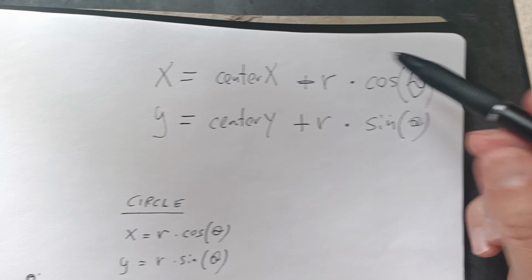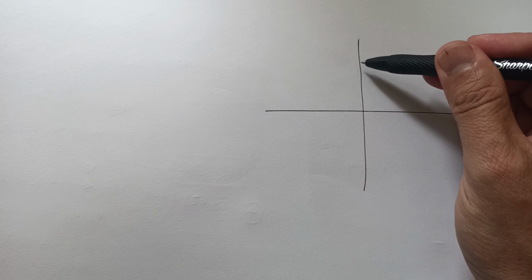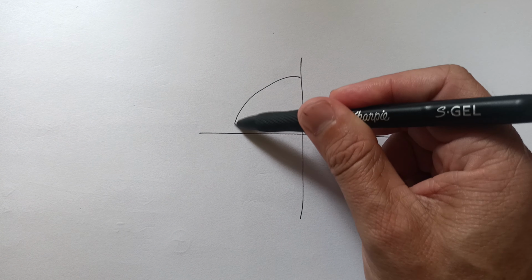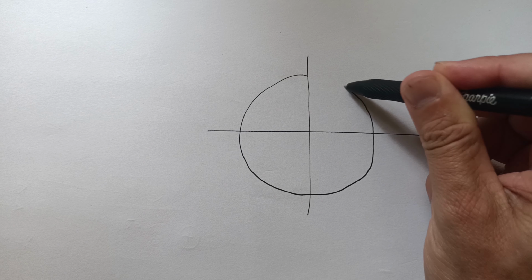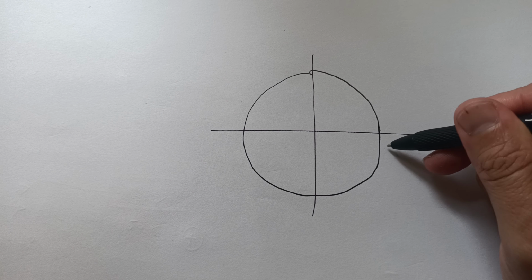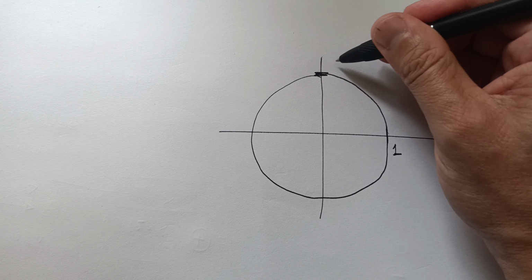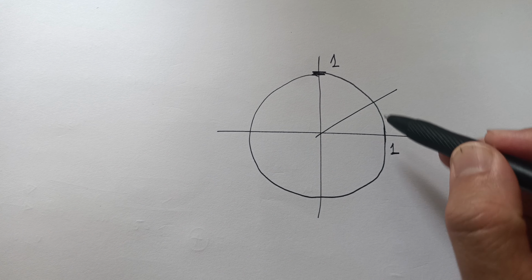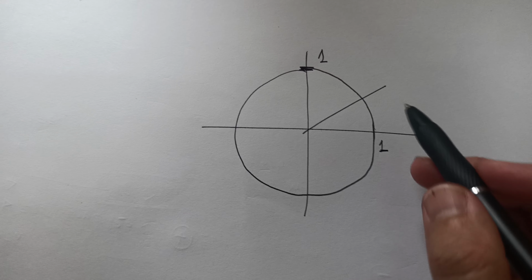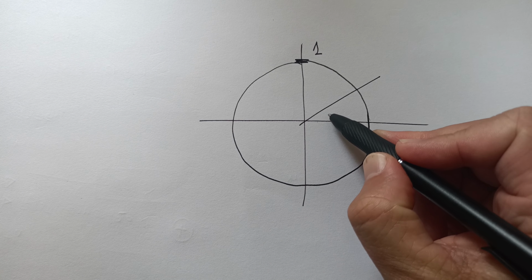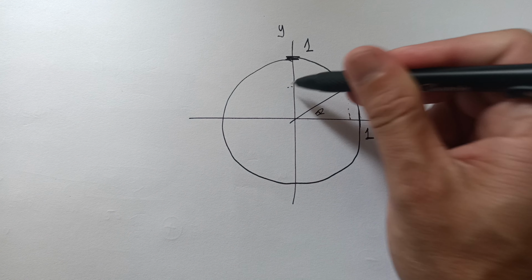Now, I also wanted to add a little reminder of how the sine and cosine are associated with the coordinates. So by definition, we have a circle of radius 1, and when we have an angle, whatever it is, then the projections on the x-axis and the y-axis are what you're interested in.